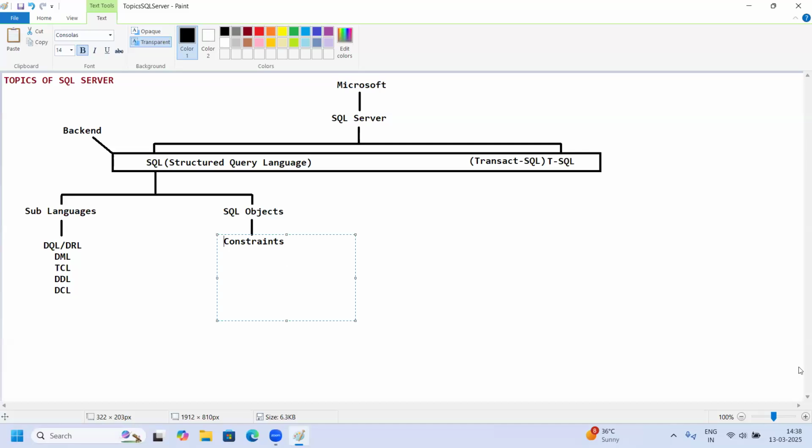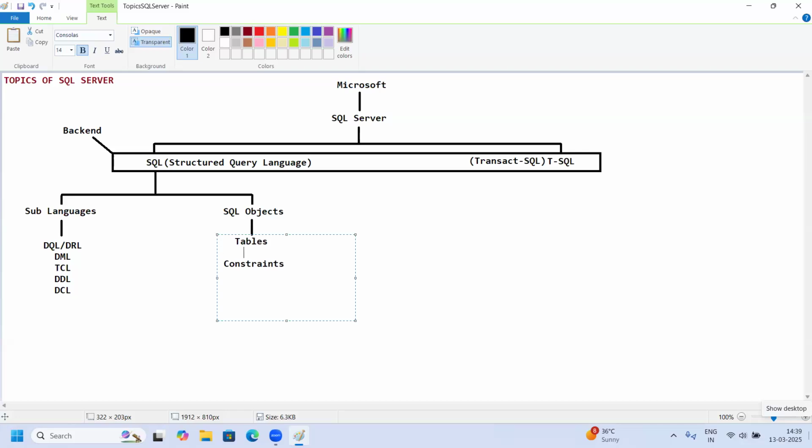And after learning constraints, or you can say like this, first you learn about tables. No problem, a table is also an object only. Tables, then constraints. What types of tables?